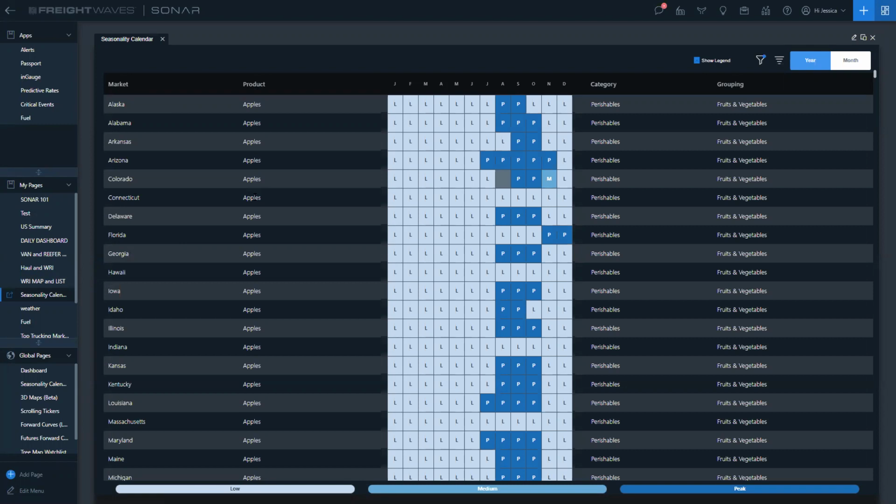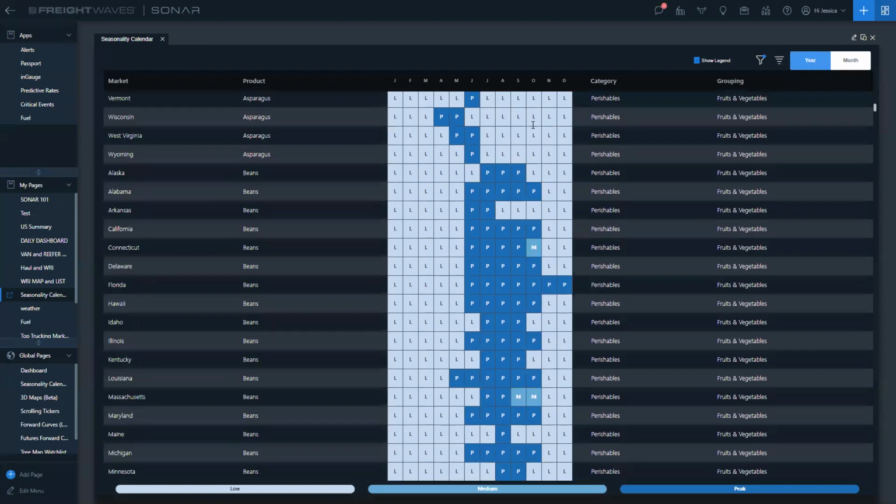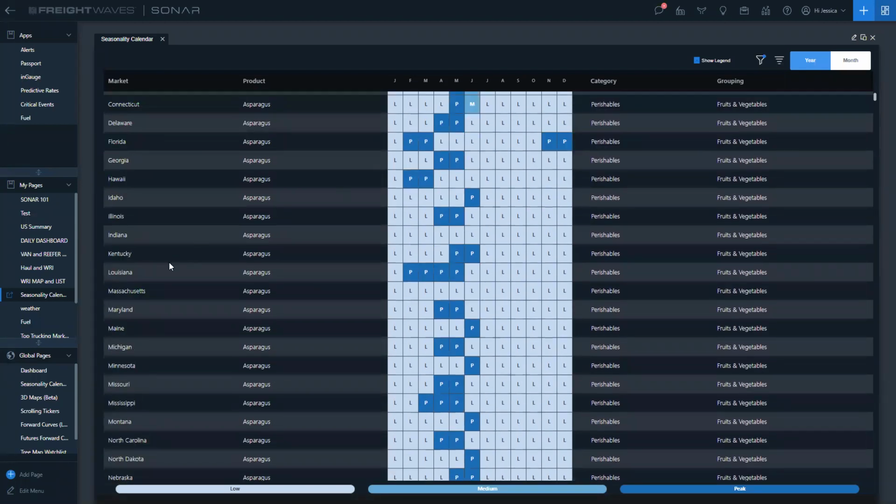Then from January to December, it will measure low, medium, or peak based on when that specific product is coming to fruition. For example, Alabama apple season is August, September, October. You can scroll down and see Louisiana has asparagus season starting February, March, April, May.